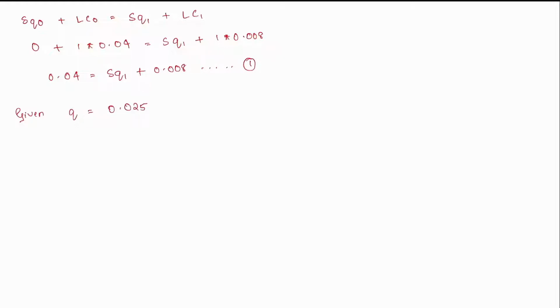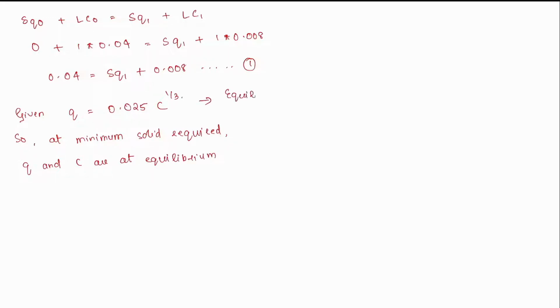Given the adsorption isotherm as Q is equal to 0.025 C raised to 1 by 3. Now, at minimum solid required, the concentrations Q1 and C1 will be at equilibrium. That means the concentrations Q1 and C1 will satisfy this isotherm equation.